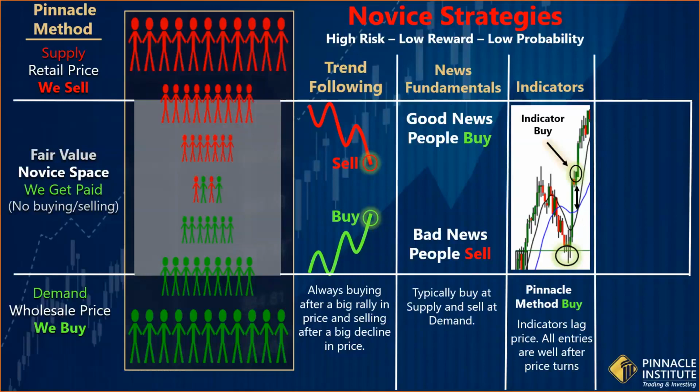All of them do. So instead of buying at demand when the risk is low, reward is highest, and probability is high, if you're waiting, for example, for these moving averages to cross to the upside, which is a very popular strategy for indicator-based traders, this is where you're buying, way up here. In other words, your risk on the trade has almost tripled, and your reward is certainly less.